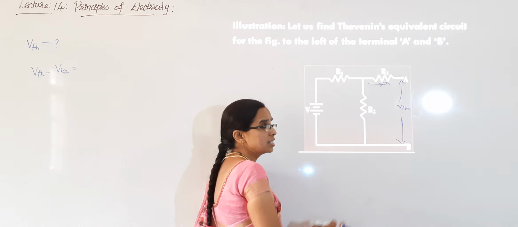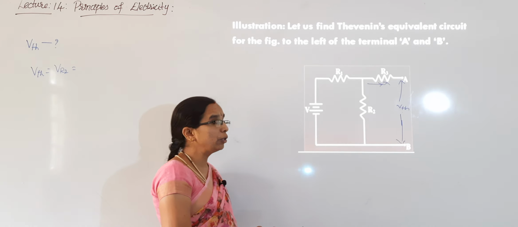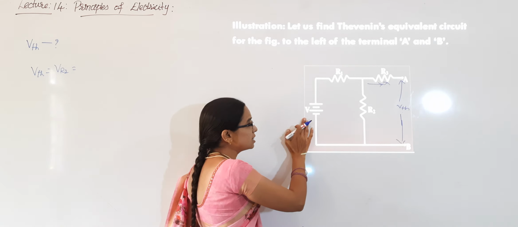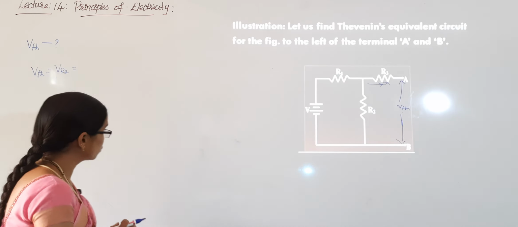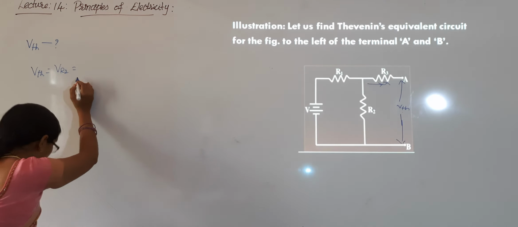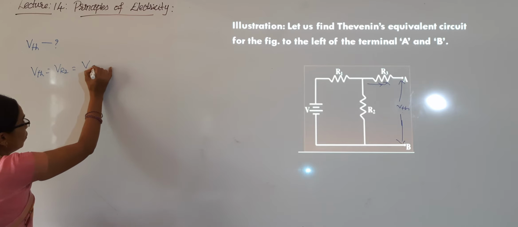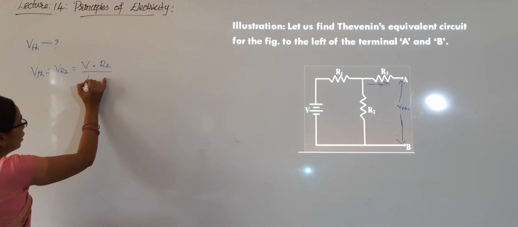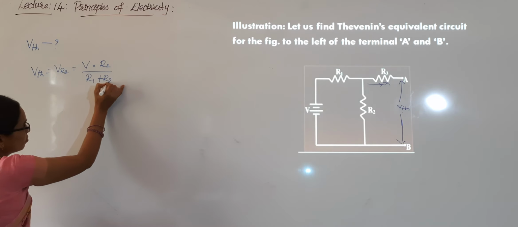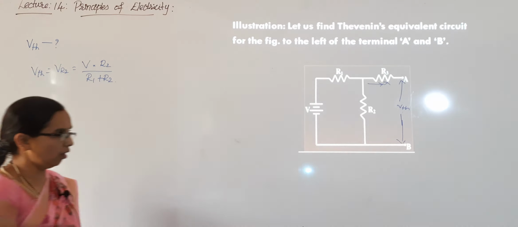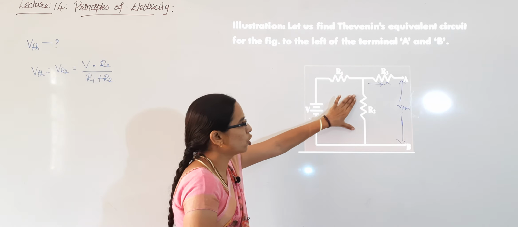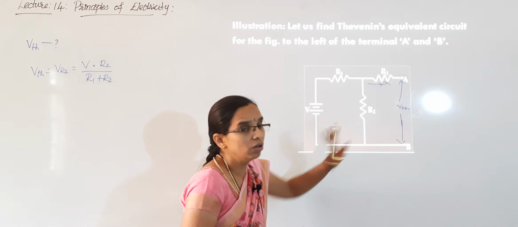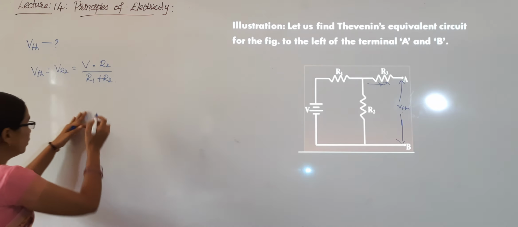R1 and R2 will be in series, right? In a series circuit you should apply the voltage divider rule: V into R2 divided by R1 plus R2. That will be the voltage drop across R2, which is equal to VTH, that is the Thevenin voltage.